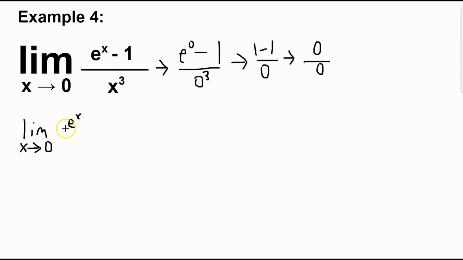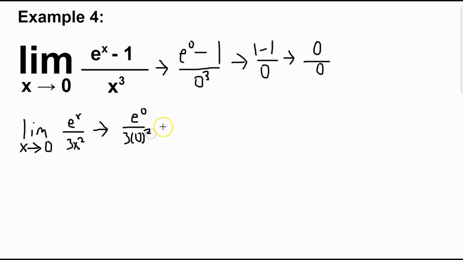Now the derivative of x cubed would be 3x squared. If we were to multiply the power by the coefficient, 3 times 1 is 3, and then decrease that power by 1. So now we have the limit as x approaches 0 of e to the x power over 3x squared. So again, we're going to substitute in our values. So e to the 0th power over 3 times 0 squared.